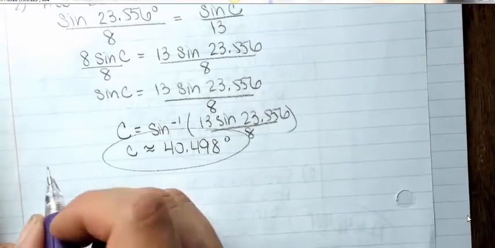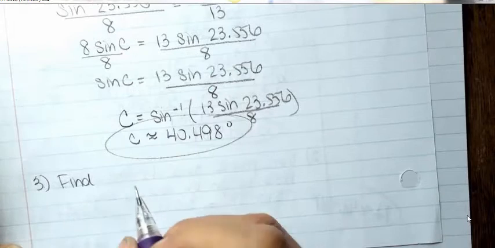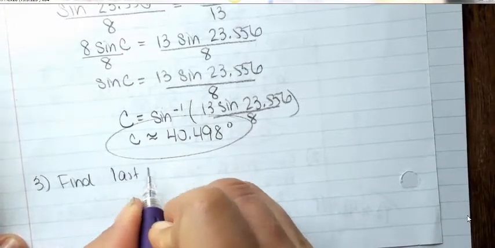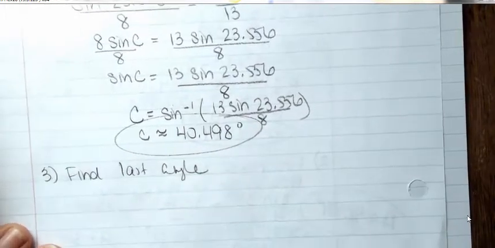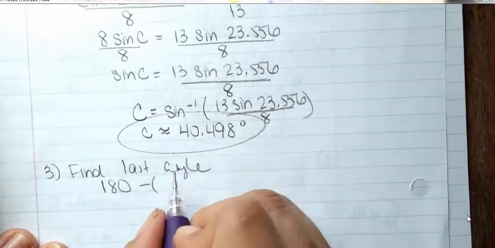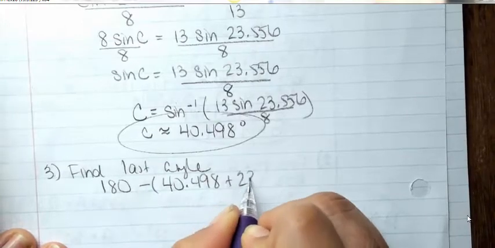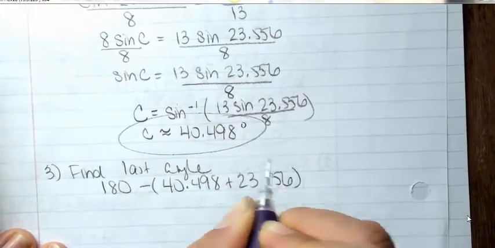And the last thing is find the last angle. By basically just subtracting from 180. So 180 minus the sum of the other two angles, which is 40.498 plus 23.556.